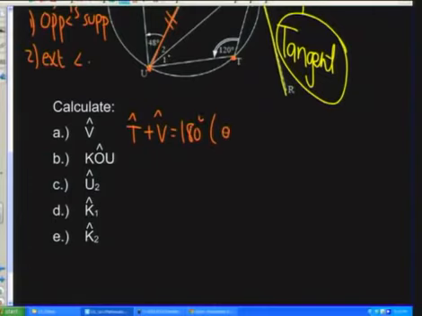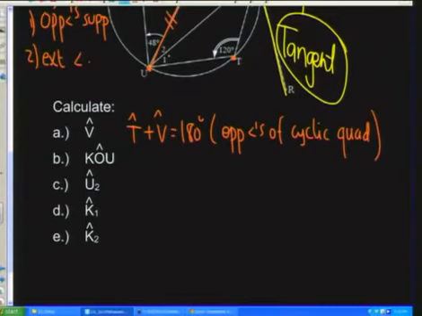And that's because it's the opposite angles of the cyclic quad. Then that would give us a V of 60 degrees.